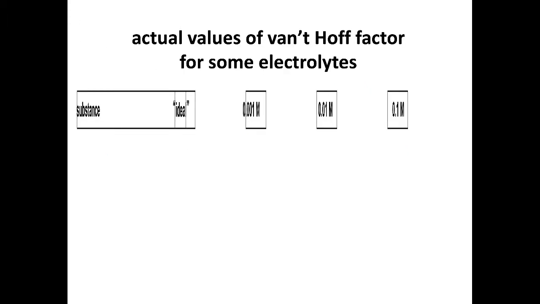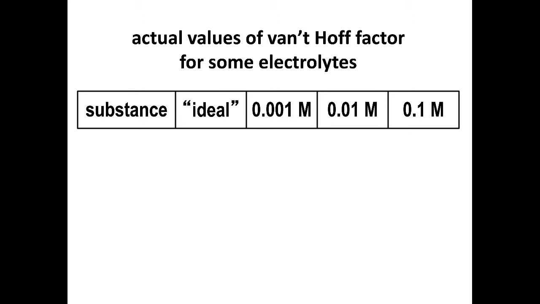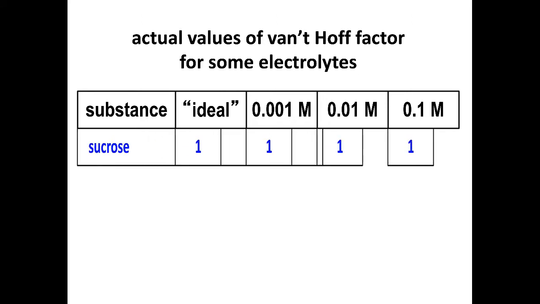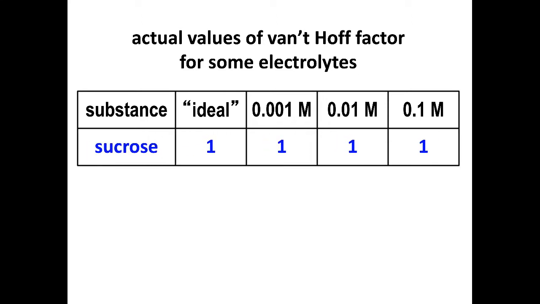Okay, worth pointing out, actual values of Van 't Hoff factor for electrolytes. Sucrose, a molecular compound, has an ideal Van 't Hoff factor of 1. It's supposed to not break apart into pieces.